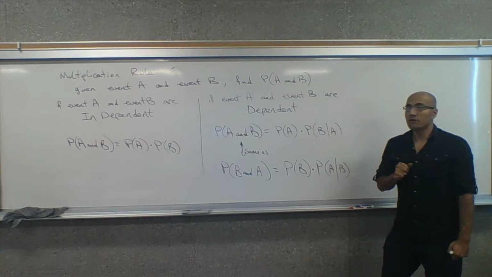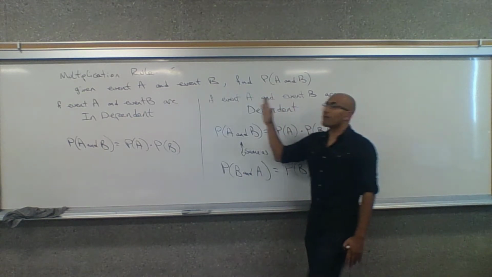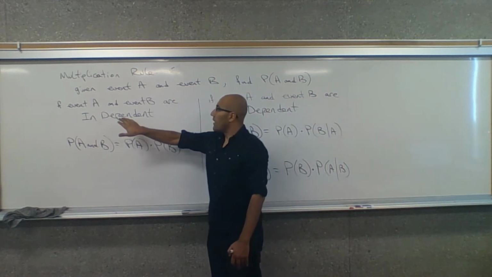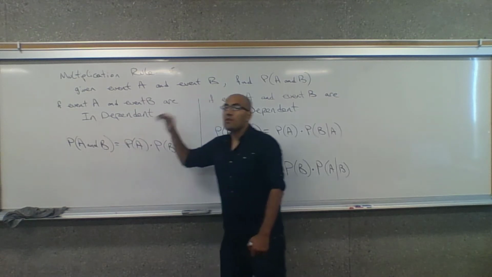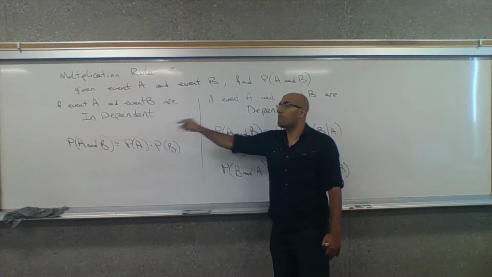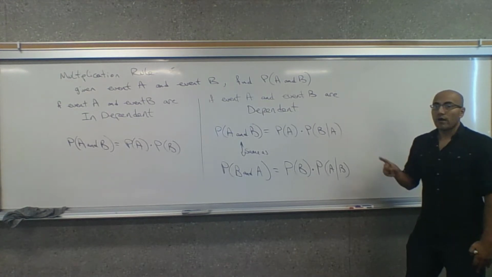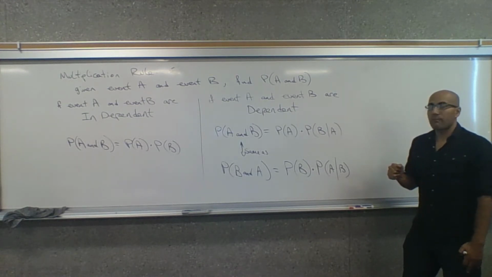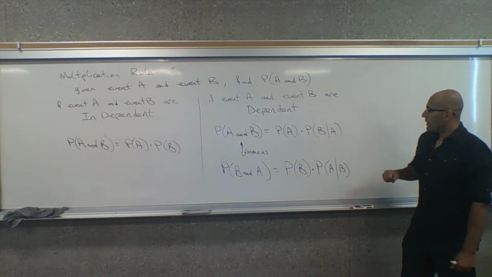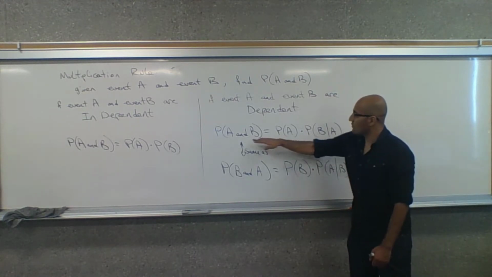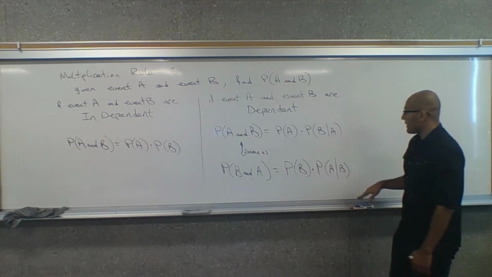Good? Okay, so it's really important for you to be able to determine the probability of A and B. You need to know whether you're dealing with independent versus dependent. So how do you figure that out? Well, that's where the test for independence comes from. Actually, before we get to that, this equals that, which equals this, which equals that.